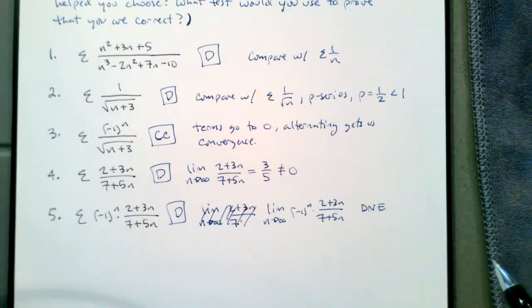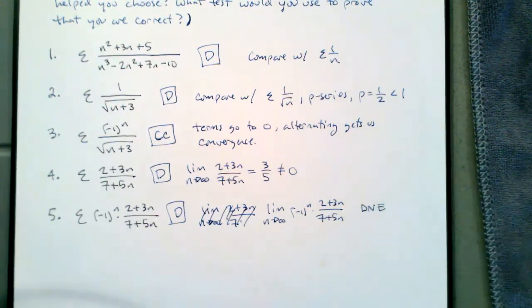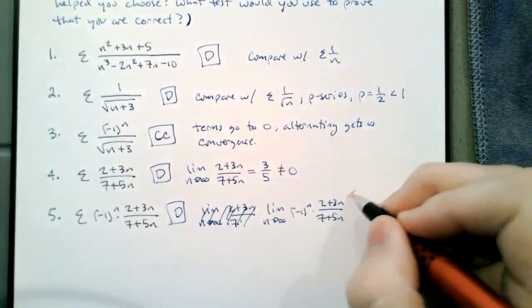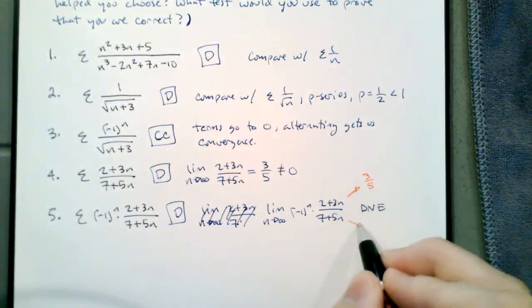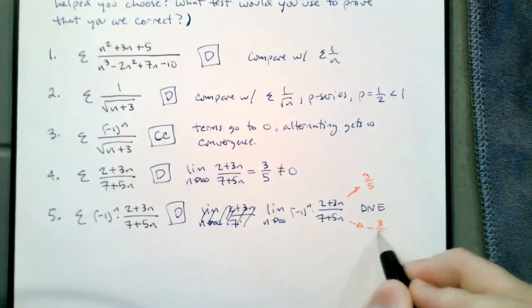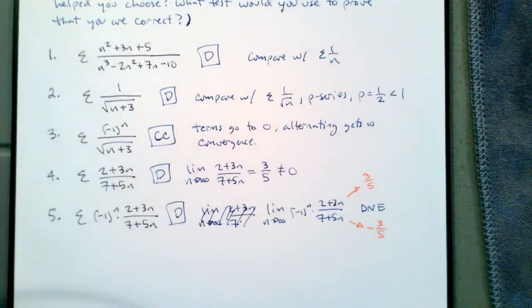So it's not getting closer to anything. On one side it goes to 3/5, and then on the other side, it's going to negative 3/5. So it's not approaching any one value. Since the limit of the terms does not exist, the limit of the terms is not zero. And so the series diverges.